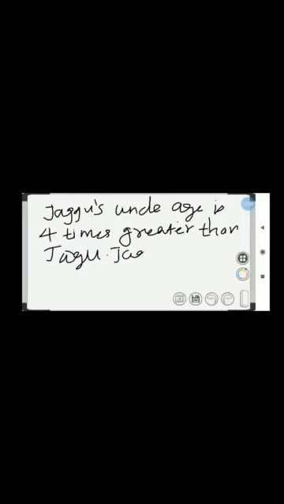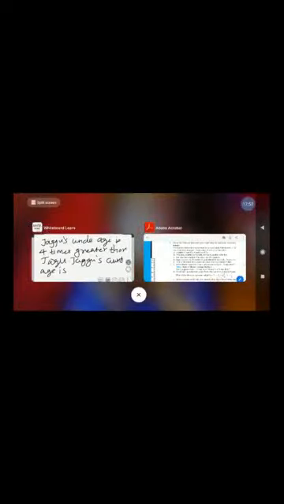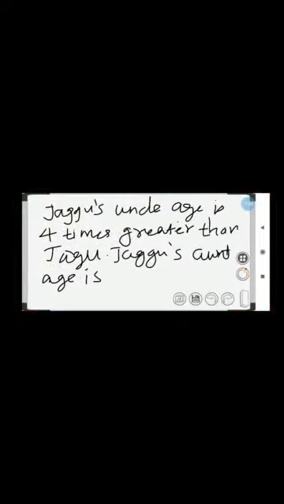And Jagu's aunt's age is 3 years less than Jagu's uncle.